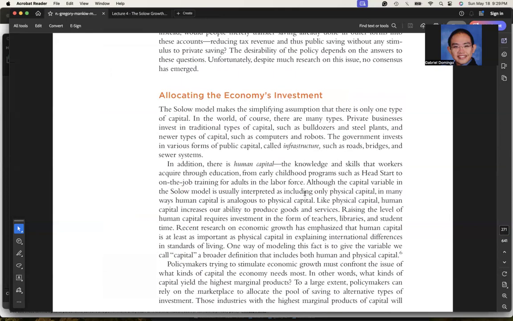Next here is allocating savings, and it's important to allocate savings to investment with high returns. Okay, the government and even private businesses will invest in physical capital. Public capital is often called infrastructure, which is an important component of what the government can do. And another kind of capital that's important to invest in is human capital.